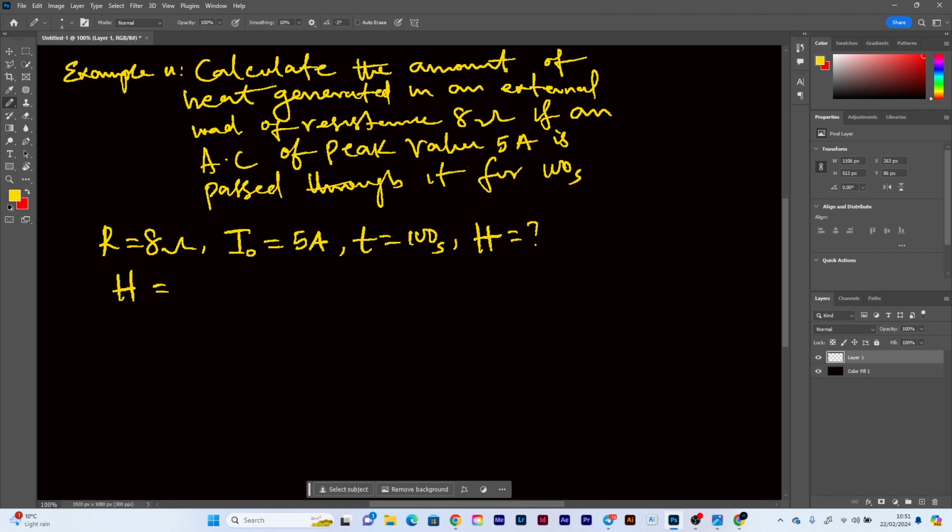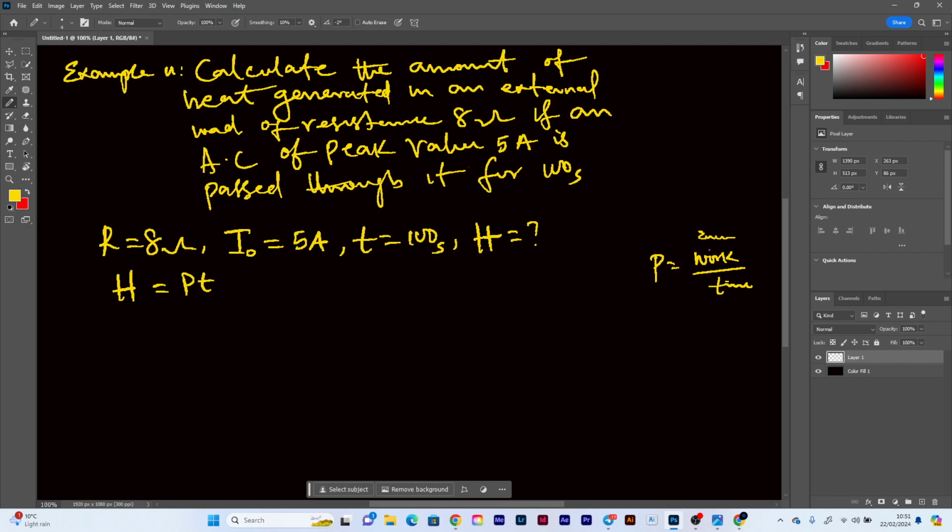So if you remember, you have that heat energy, you can use Q to denote it, or H, anyone. You have that heat energy is power multiplied by time. Am I right? If you don't remember, power is equal to work done all over time. Am I right? Time taken. Work done is the same thing as energy.